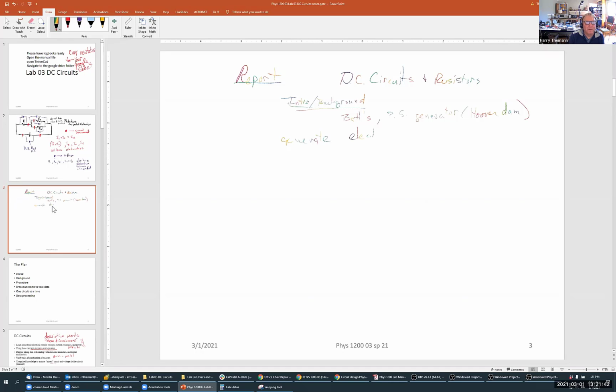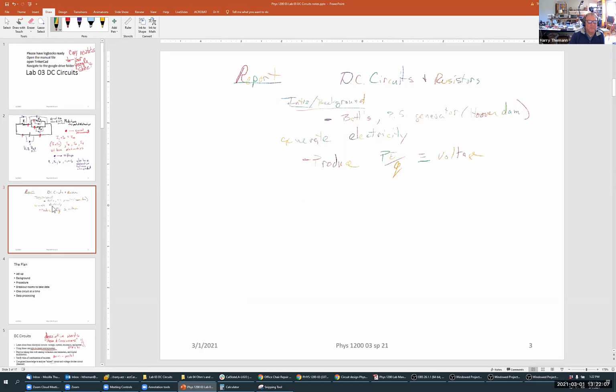But remember, the bottom line is that they produce potential energy, which is PE per charge, right? Which is defined as voltage.